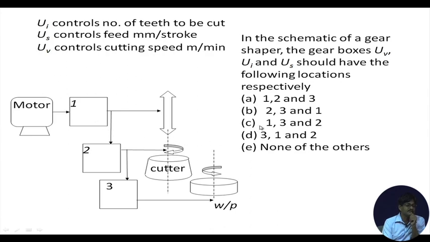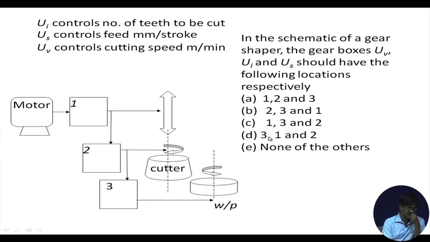C is 1 should be UV, 3 should be UI and 2 should be US.